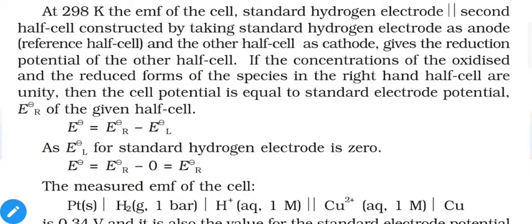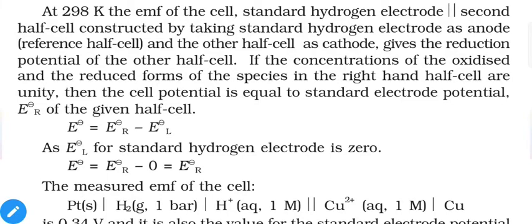At 298 Kelvin, the EMF of a cell constructed by taking the standard hydrogen electrode as the anode, the reference half cell, and the other half cell as the cathode gives the reduction potential of the other half cell. Now keep in mind, we cannot choose hydrogen to behave as anode or cathode. It depends on the nature of the second half cell.